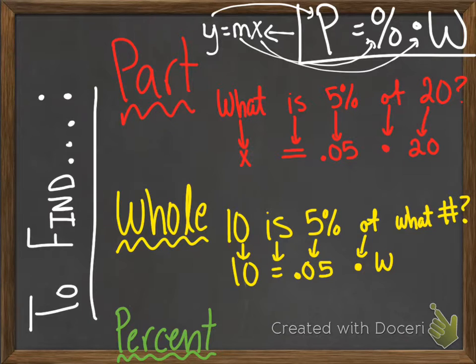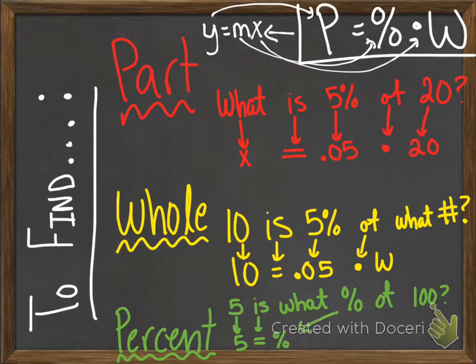So 10 equals 0.05 times w, and then I could solve for w, and that would be my whole. Last one, 5 is what percent of 100? So 5, is means equals, what percent? I don't know my percent, so I'm going to use a percent sign. You could also use an m or a k here, it doesn't really matter. Of means multiplication, 100. Now we could solve for that missing percent.